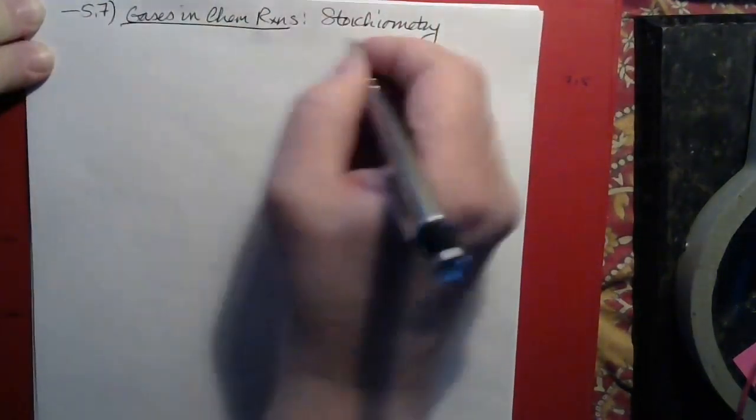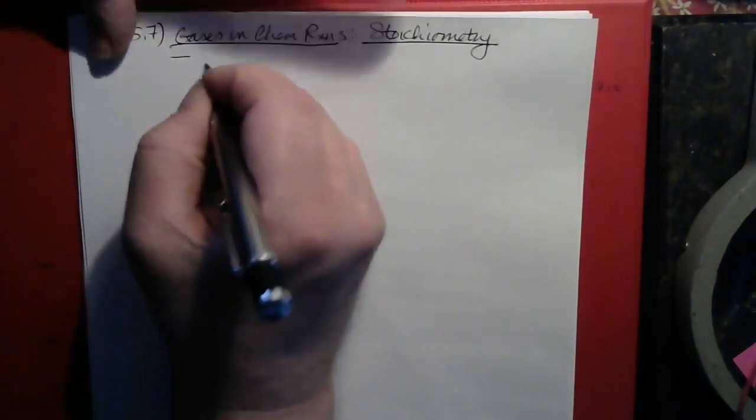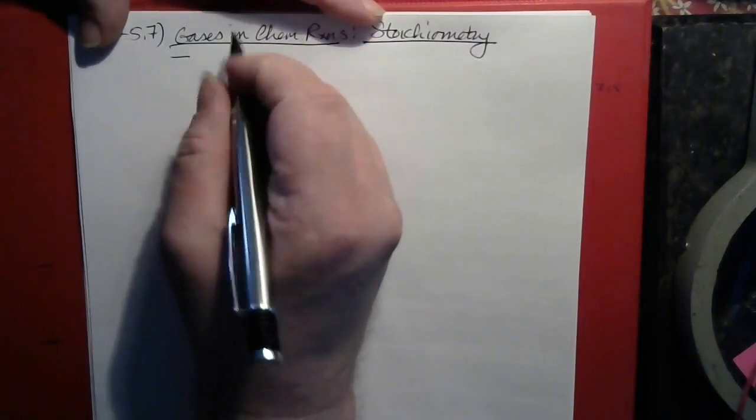In fact, that's what the next section is about, stoichiometry in reactions with gases. So the gas laws provide a new way to do stoichiometry when there are gases in the equation.